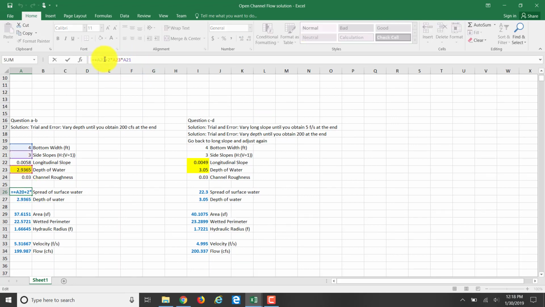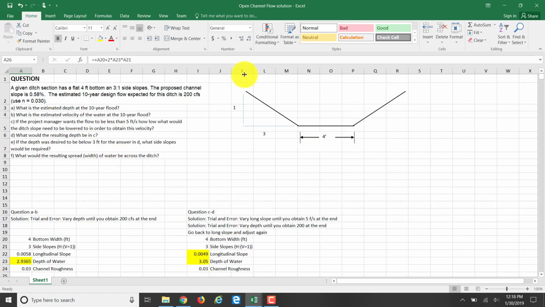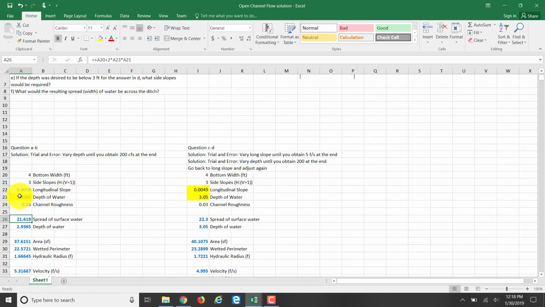So for my result, A20 is the cell for the bottom width. The next one has a factor of 2, because the spread of the water has one side over here and then the other side. And I have A23, which is the depth of the water.